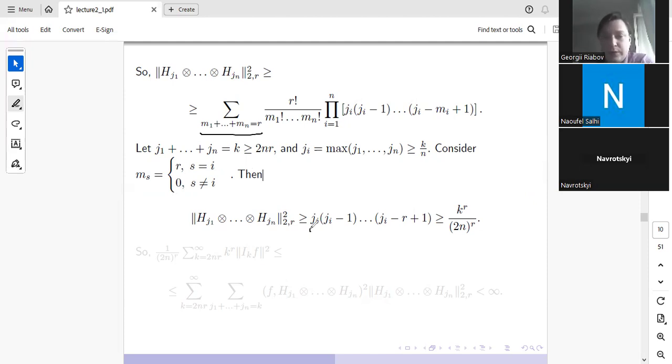Then we get such an estimate. And this will be greater or equal than (k over n minus r plus 1) to the power r. But our choice of k implies that this is greater or equal to (k over 2n) to the power r.